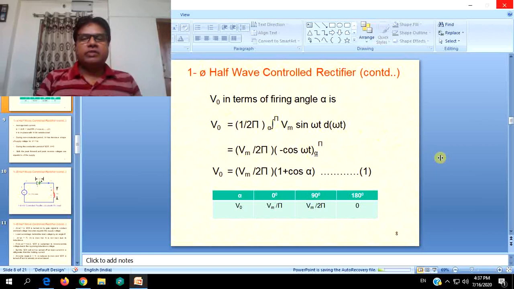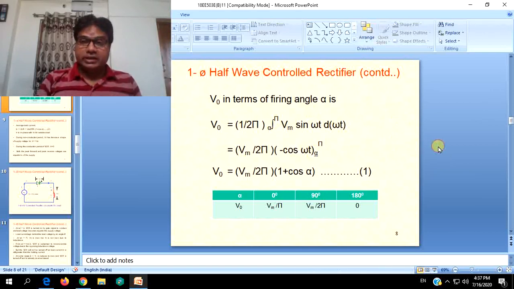V naught in terms of firing angle alpha can be understood as follows. We will be taking the average voltage, so 1 by 2 pi over the full cycle, where the span is from 0 to 2 pi, we will be dividing the equation by 2 pi. So V naught, that is the average load voltage, is 1 by 2 pi integral of alpha to pi only, because from 0 to alpha it is 0, and also from pi to 2 pi it is 0.